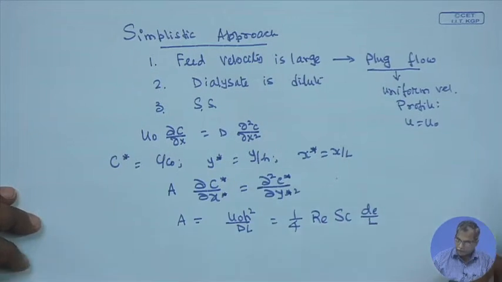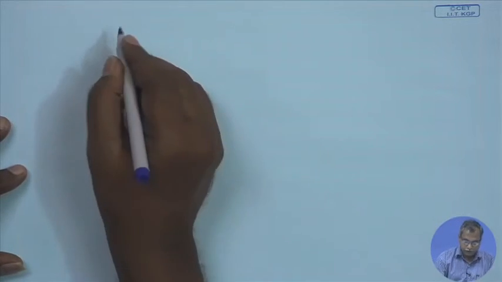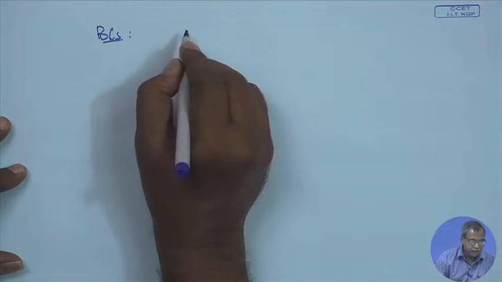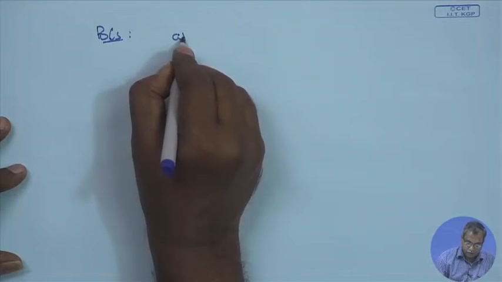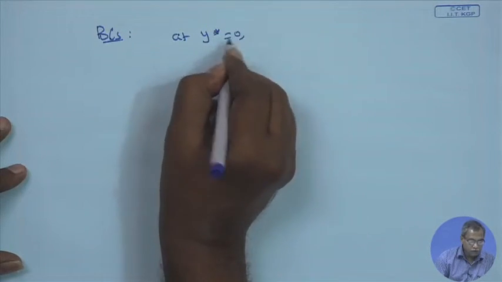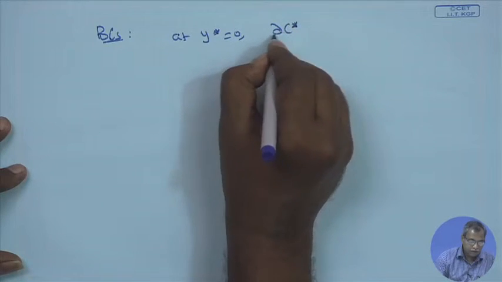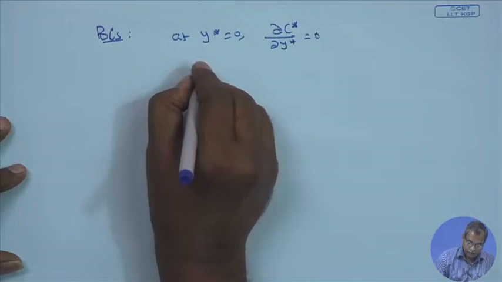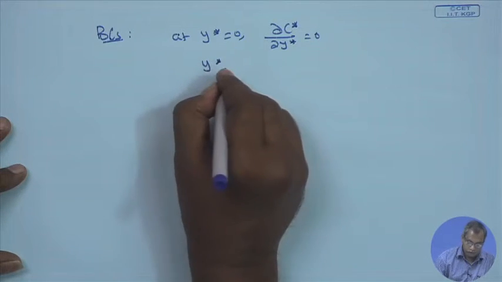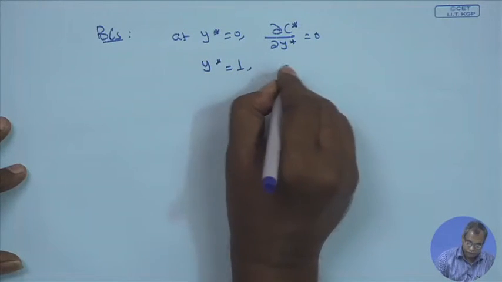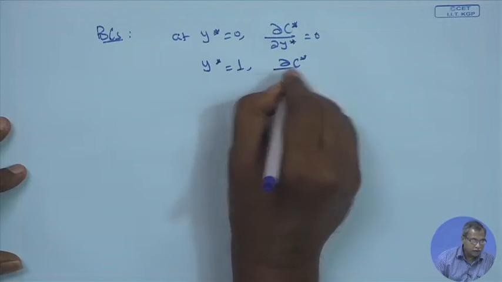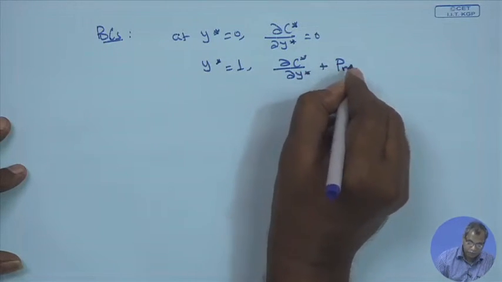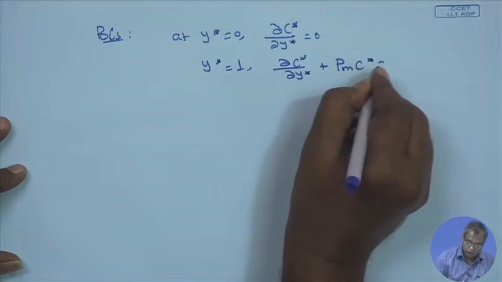The non-dimensional version of the boundary conditions you can write directly: at y star equal to 0, del c star del y star will be equal to 0, and at y star equal to 1, we have del c star del y star plus Pm star c star is equal to 0.